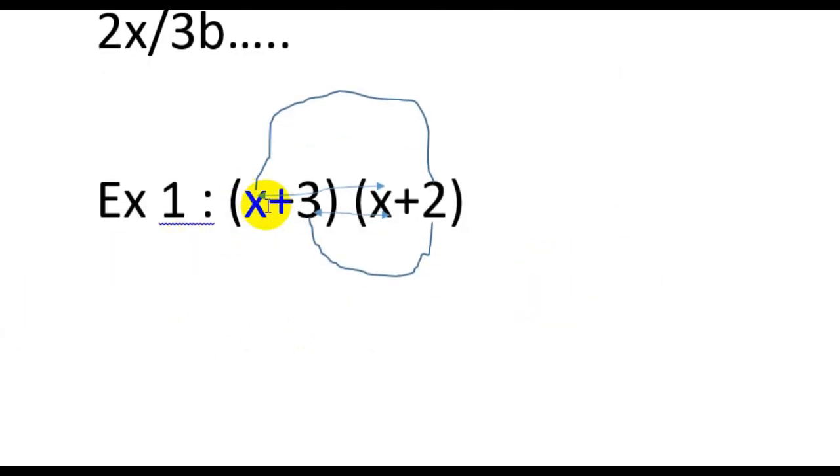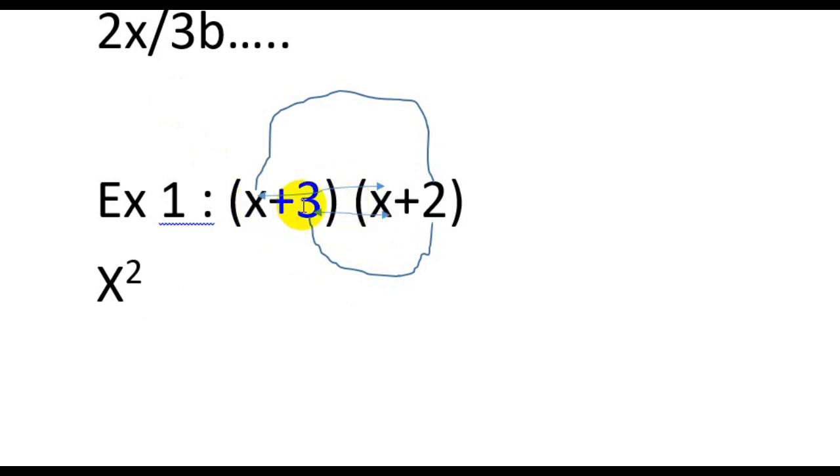So first we multiply x by x. x multiplied by x means x to the power 2. So you write x to the power 2. Then you consider the operators as well.